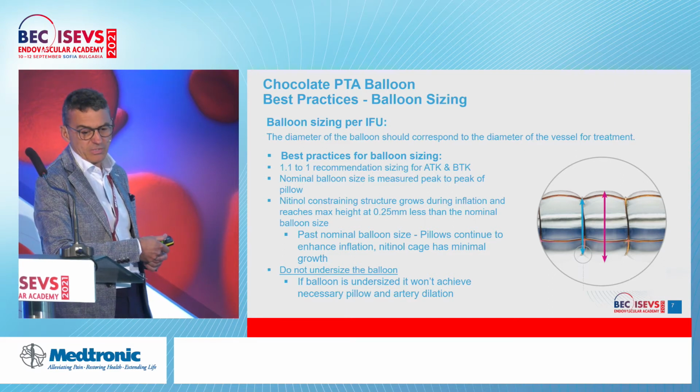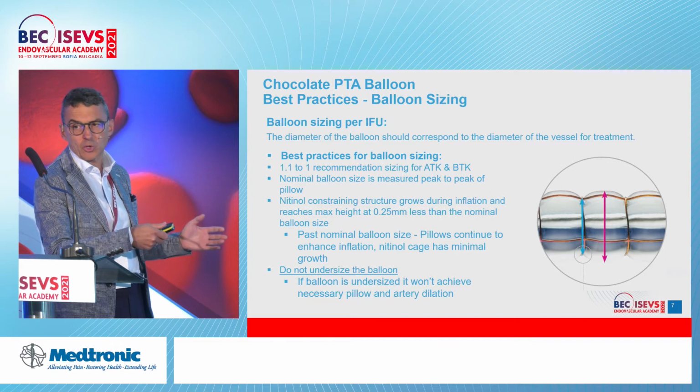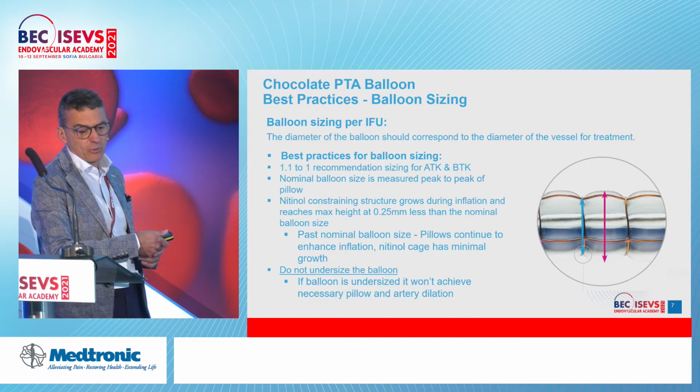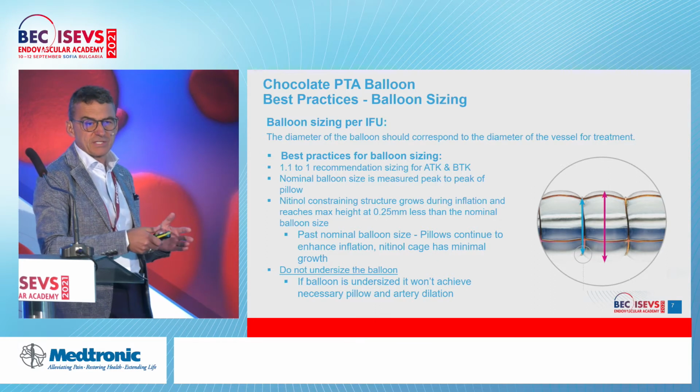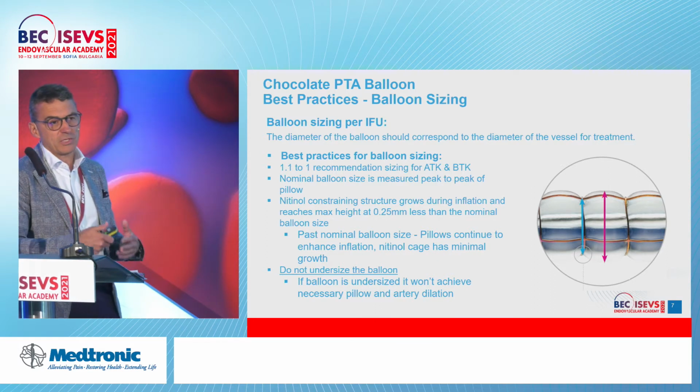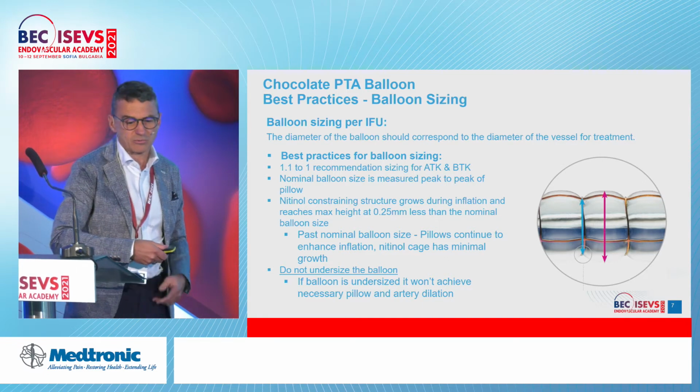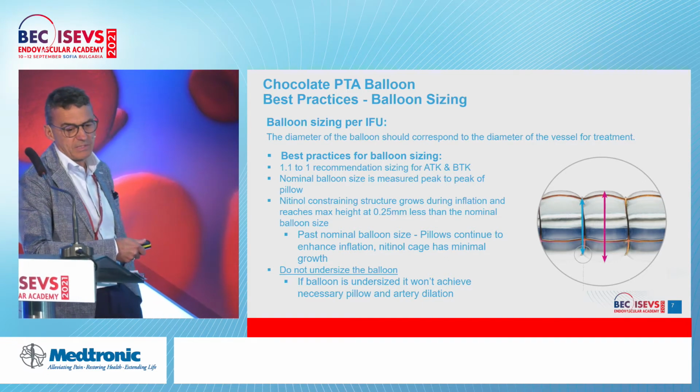Second, it has to be inflated very slowly and for a long time, at least 1 minute, in order to overcome the natural resistance and the tendency for recoil of the vessel. These are the principles of inflating the chocolate balloon. That is the new technology.